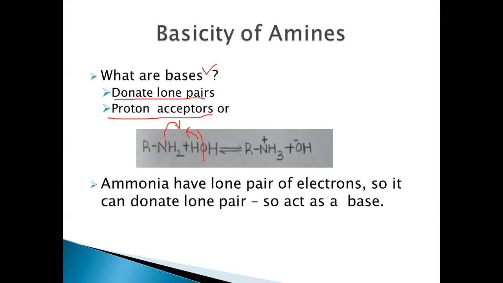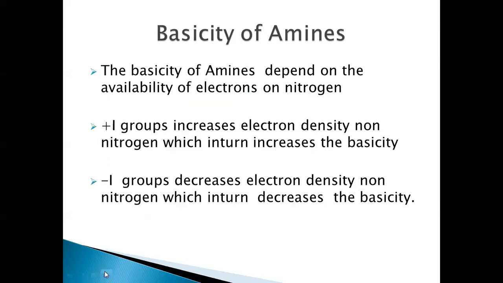Ammonia has a lone pair of electrons, and the derivatives of ammonia, the amines, have a nitrogen which can donate the lone pair. So it acts as a base. The more it can donate the electrons, the more is the basicity. The more is the availability of the electrons, the more is the basicity. The basicity of amines depends on the availability of the electrons on the nitrogen.